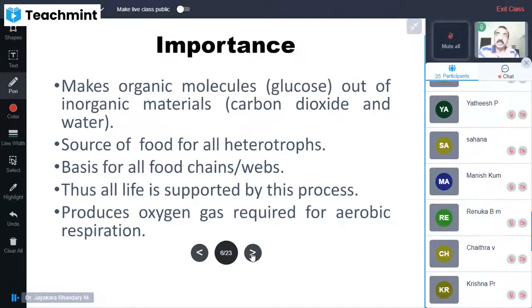So we can make out that any food chain or any food web starts from producer organism, that is plants. So in this way, photosynthesis supports all life forms on this earth. Without photosynthesis, we cannot get the supply of food. Okay. Now, in addition to that, it also provides the oxygen necessary for respiration, aerobic respiration. All the oxygen in the atmosphere is produced by the activity of green plants. Remember this.